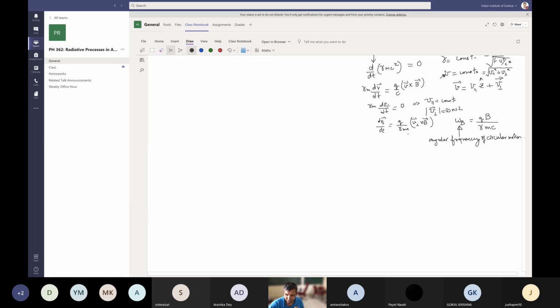This just comes from this: dv perp/dt equals omega b, v perp cross z hat. You can even solve it component-wise and see that this is indeed circular motion.